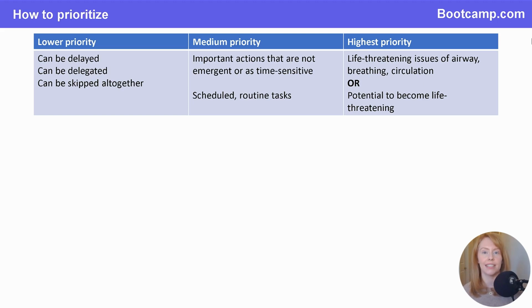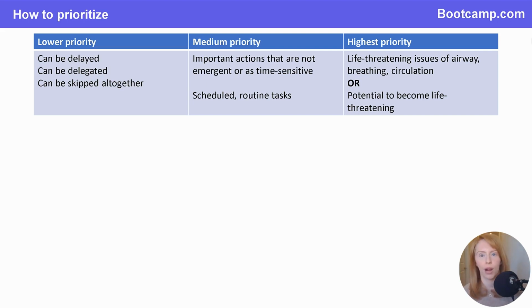What's happened is they've spilled bacteria into their sterile peritoneal space, and if you don't do something immediately, they're rapidly becoming septic and their blood pressure is going to drop and they're going to lose perfusion to their vital organs. So you wouldn't necessarily say that a ruptured appendix is an issue of airway, breathing, or circulation, but if you don't do something about it first, it will quickly become one.